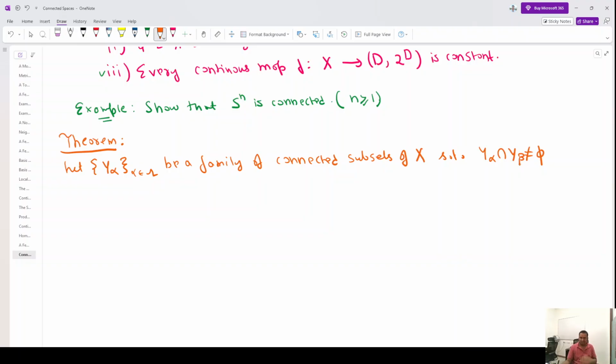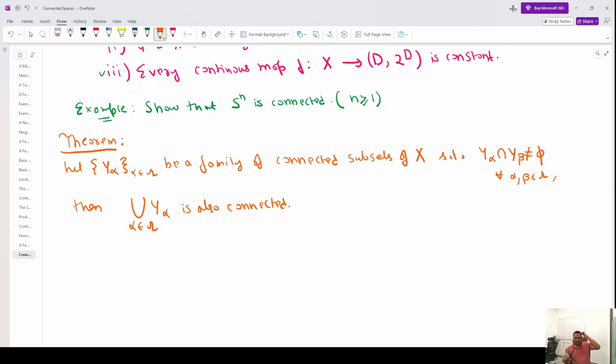Okay? Of course, yeah. If you take any two, then their intersection is non-empty. Then the union of Y_alpha is also connected.